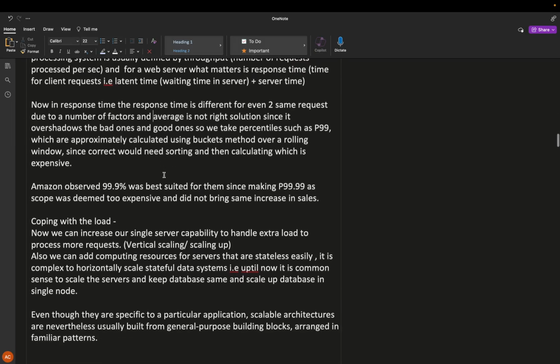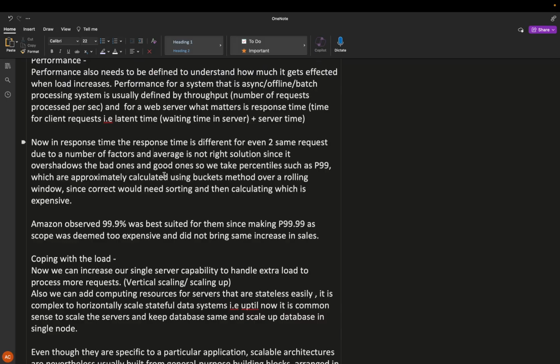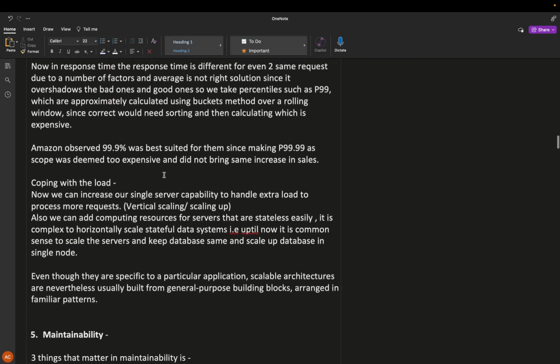As you keep increasing your performance or reliability, it is very hard to do, because one of the requests will always be an outlier because of uncertain conditions over the network.